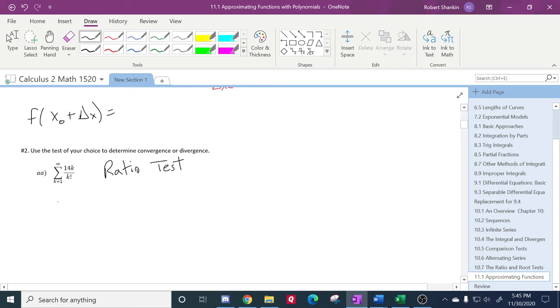So the ratio test, I'm going to have to get the limit as k approaches infinity of a sub k plus 1 over a sub k. And a sub k is just what's there. So a sub k plus 1, we just substitute k plus 1s for the k's.